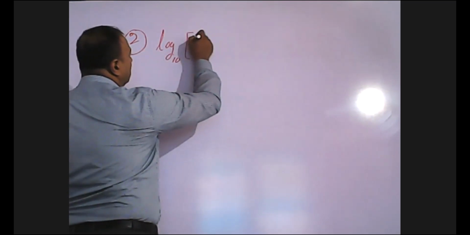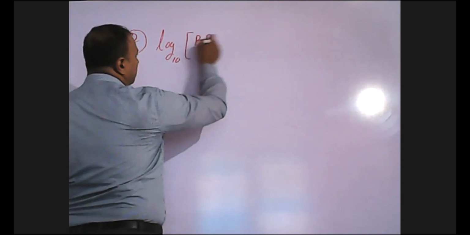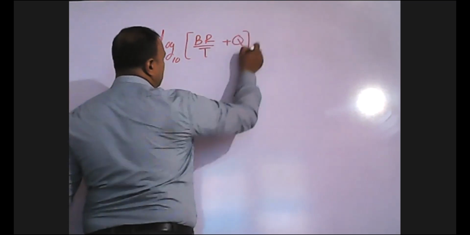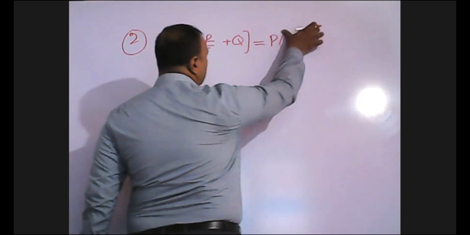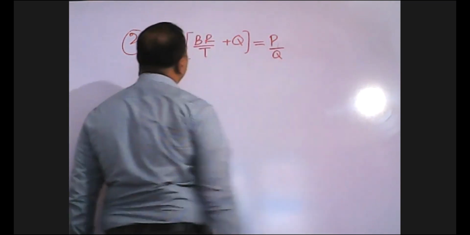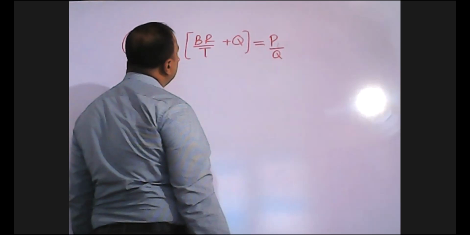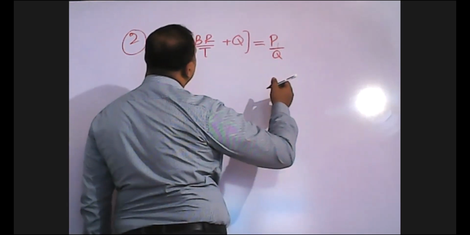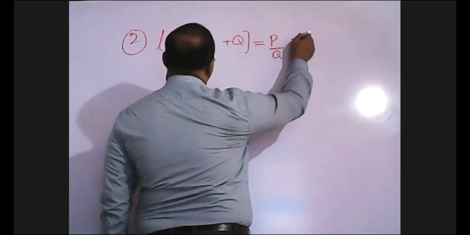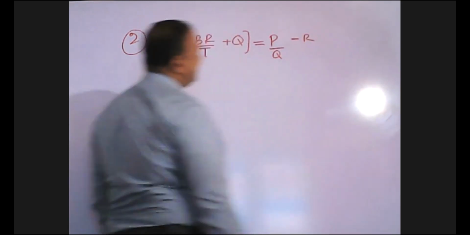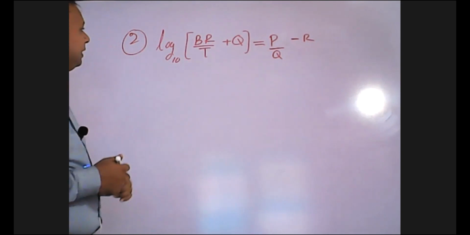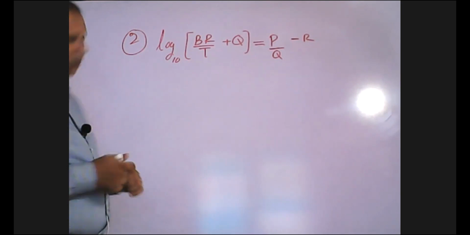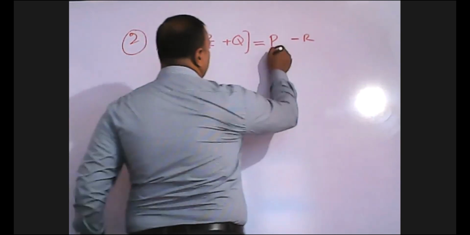Log base 10 of (BR over T plus Q) is equal to P over T minus R. Okay, that is our equation.